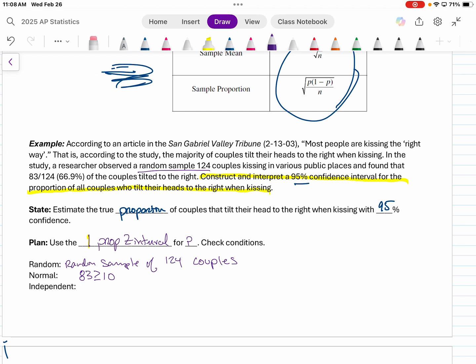And then the other one would be, what is that, 41? 41 is greater than or equal to 10. Normal condition met. You can get away, since they're giving us actual physical numbers here. I know they gave us a percentage, but since they actually gave us the physical number, we can say 83 is greater than 10, and then what's the other part, okay?